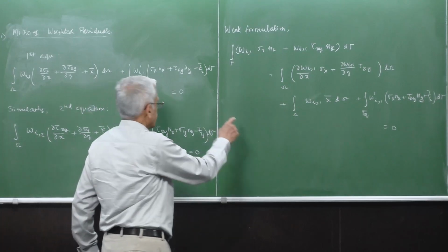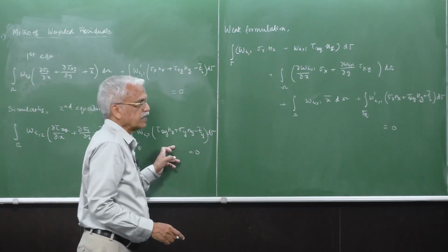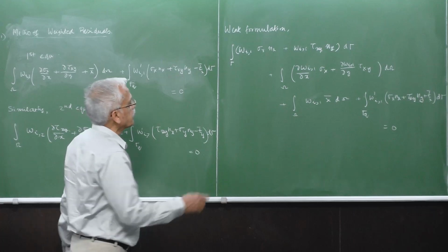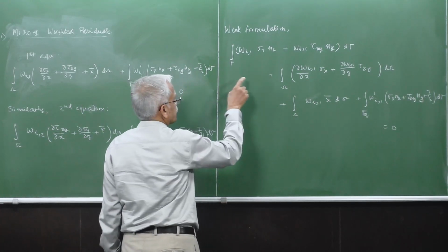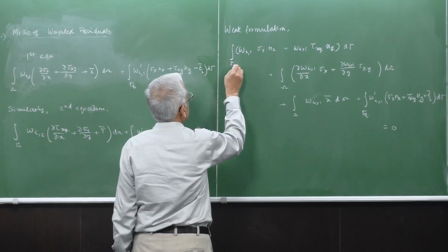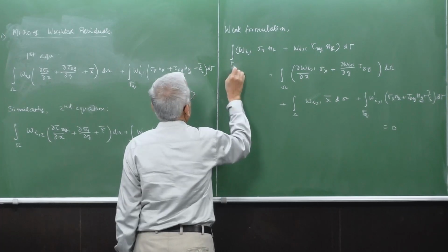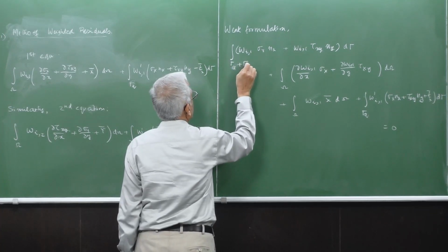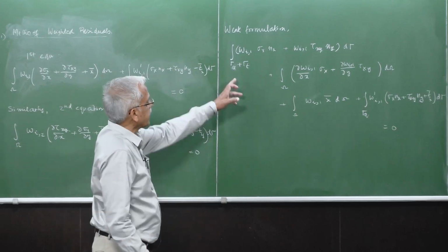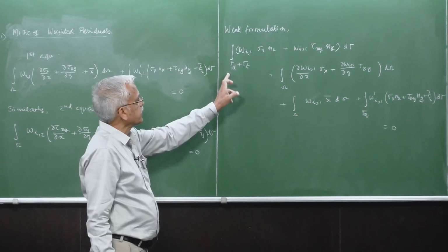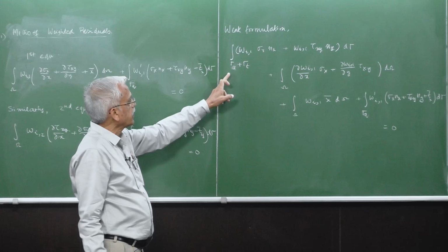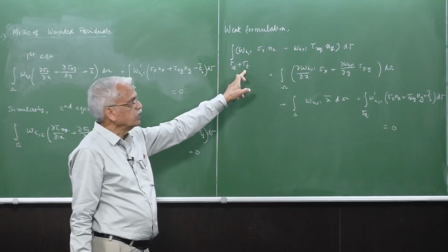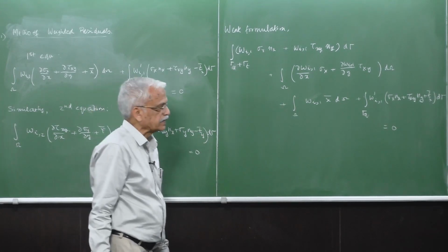For this simplification, this gamma is actually gamma on displacement and on traction boundary. So the complete gamma can be put as a boundary on u and a boundary on traction.